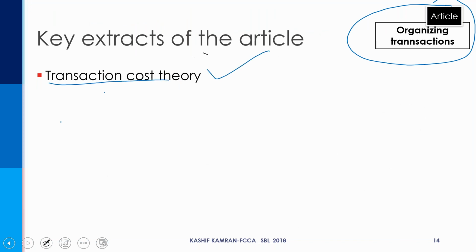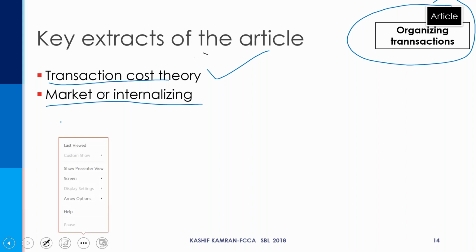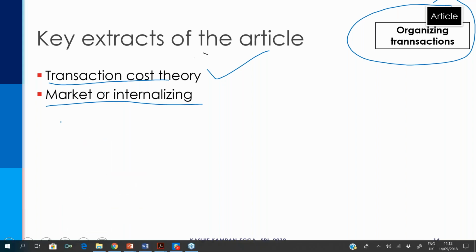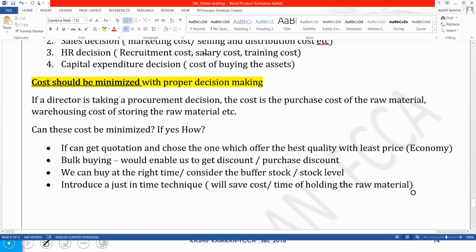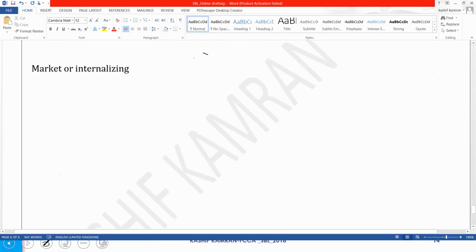Tick. Second, market or internalizing. And you will say, what is market or internalizing? It's so simple. When we say market or internalizing, that's very simple, and all of you must be knowing it.